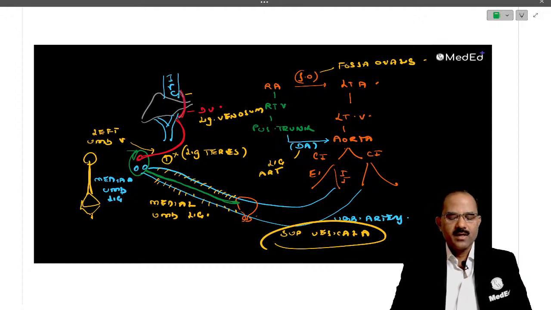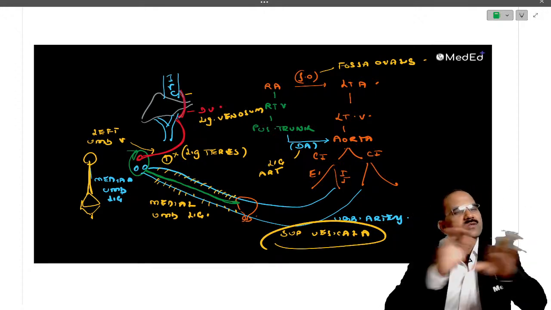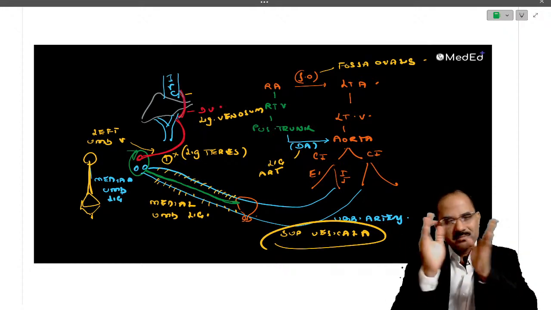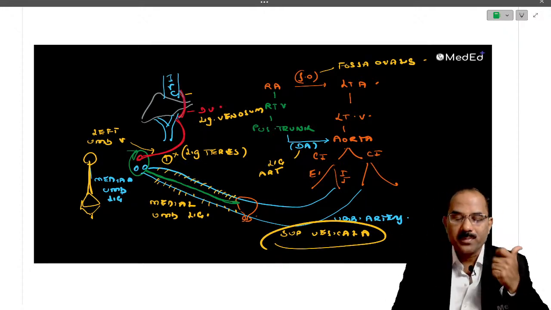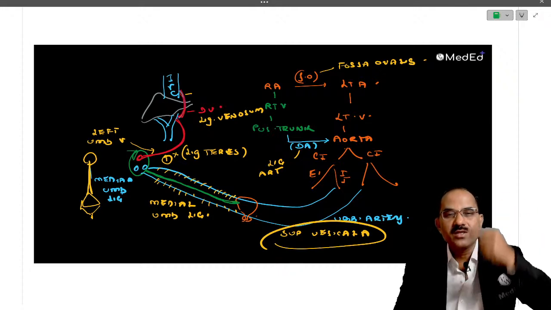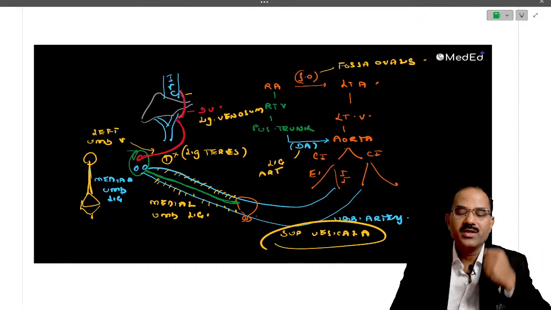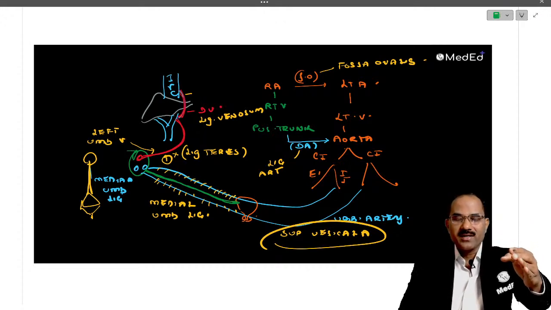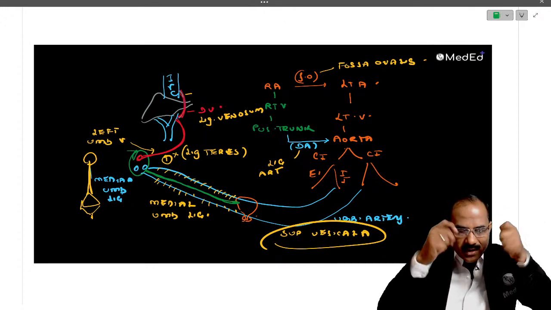Very good. Normally after birth this urachus is going to obliterate and form the median umbilical ligament. Suppose this urachus does not obliterate, the child will be passing urine through the umbilicus, and this is what we call a urinary fistula, or a weeping umbilicus.